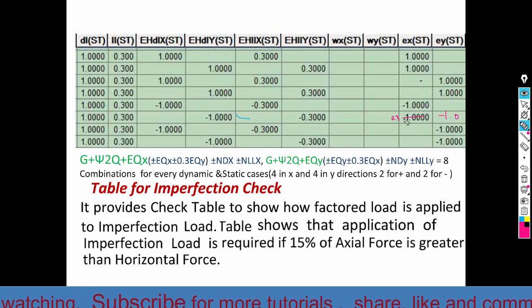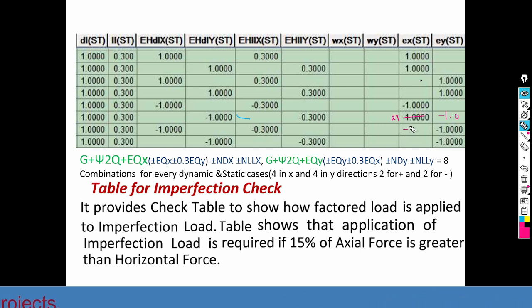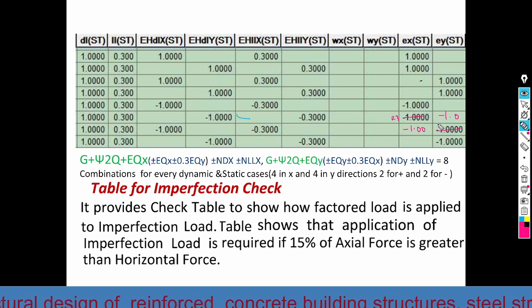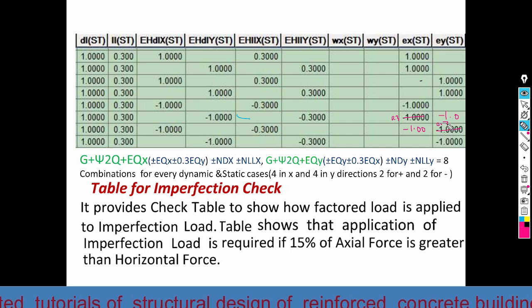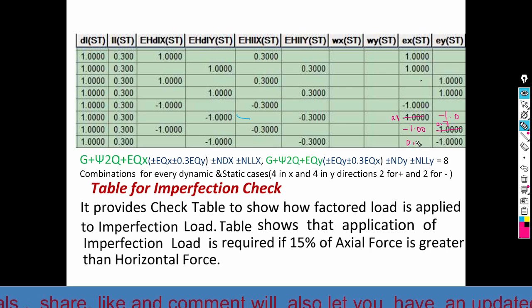Sorry. And when we come to here also in negative x, and this one minus 1 here, and this one is 0.3. It is 0.3, and also minus y, it is okay. That is 0.3 here.